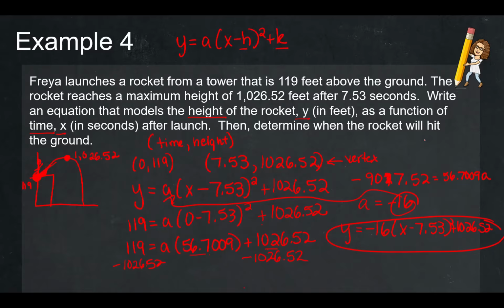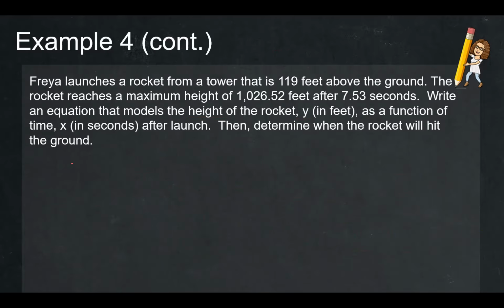Let's move on to the next slide. Okay, so my equation was y equals negative 16(x minus 7.53) squared plus 1026.52. I need to determine now when the rocket will hit the ground.